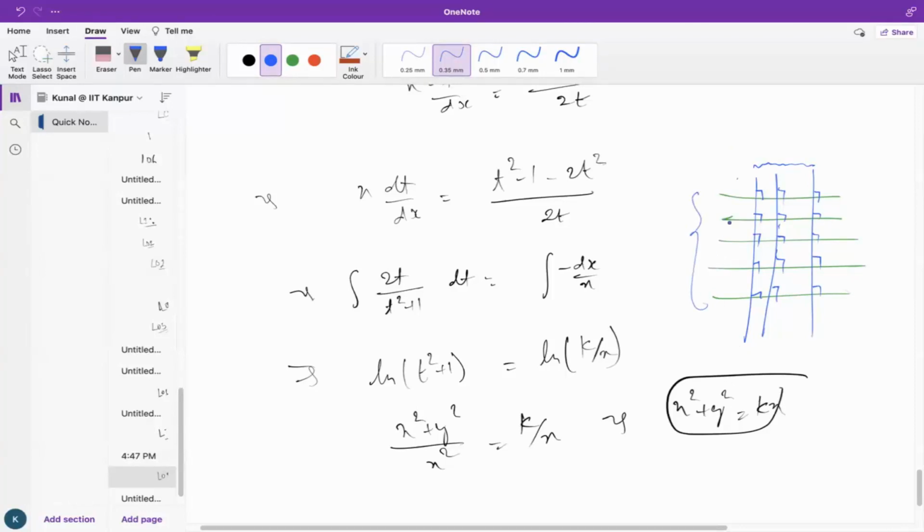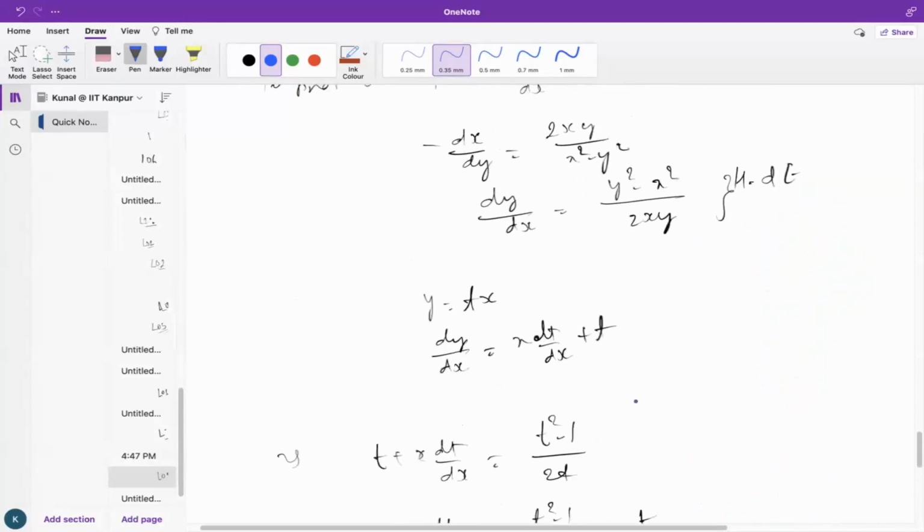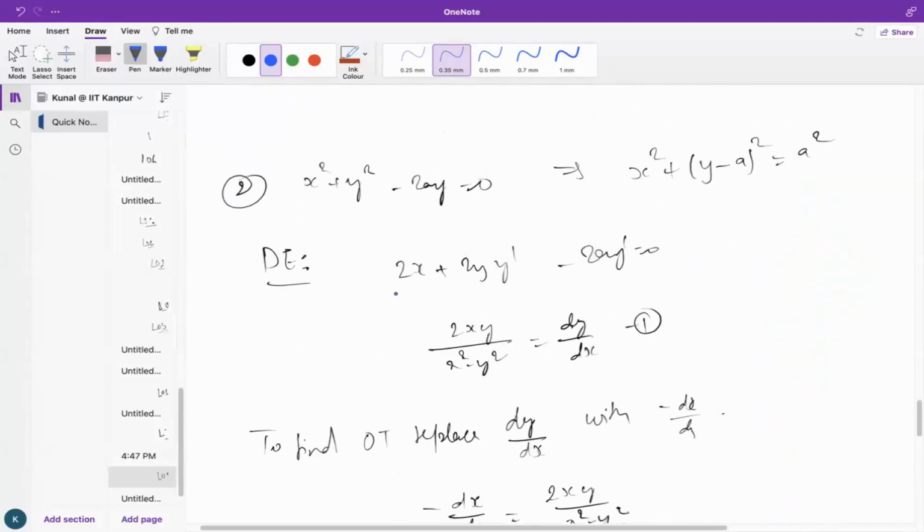So both are orthogonal trajectories of each other. If we take this family of curves as the original differential equation and try to find its orthogonal trajectory, we will get this general curve.